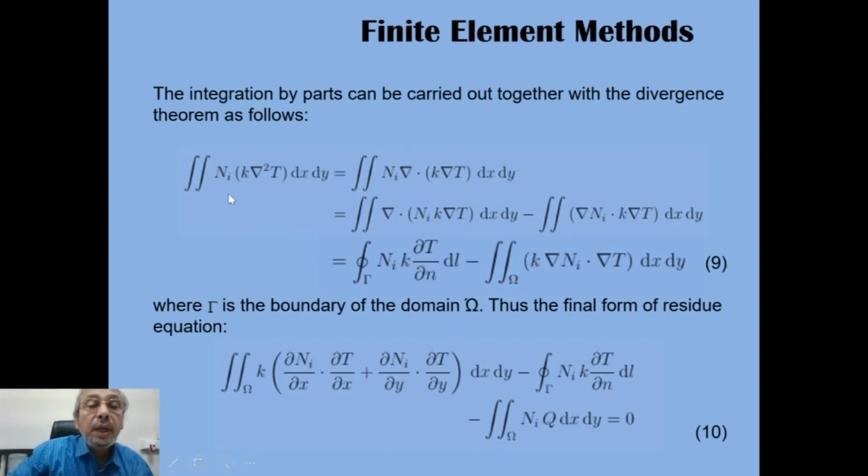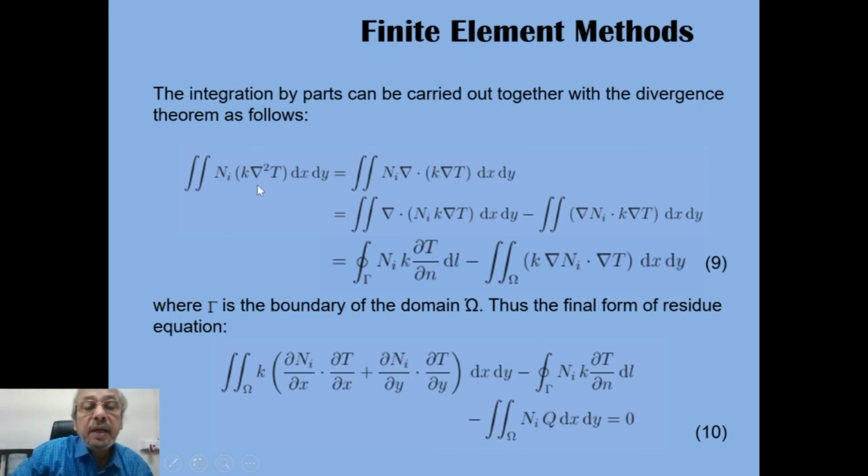So we will now integrate Ni k del square T dx dy over the domain uppercase omega, and integration by parts has to be carried out together with the divergence theorem.